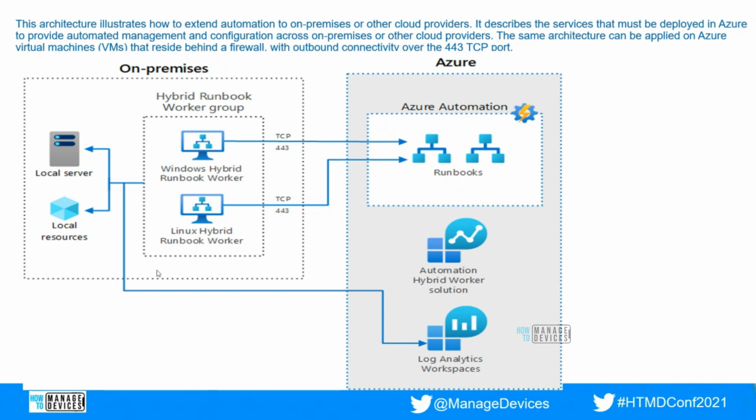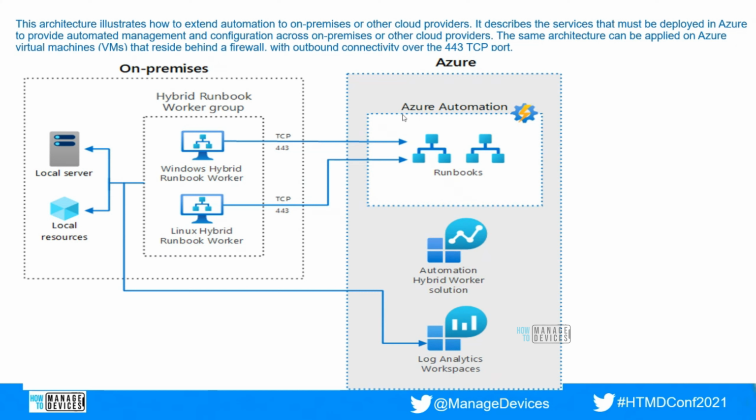Automation involved both on premises and cloud. This is a centralized infrastructure, and this describes the services that must be deployed to provide the automated management for the Azure hybrid worker.